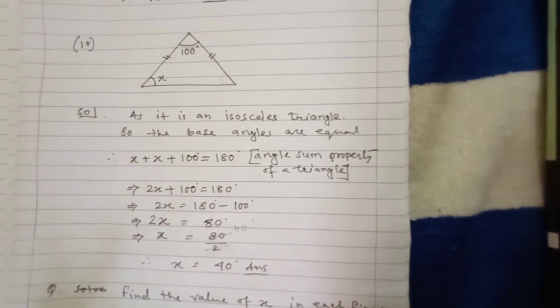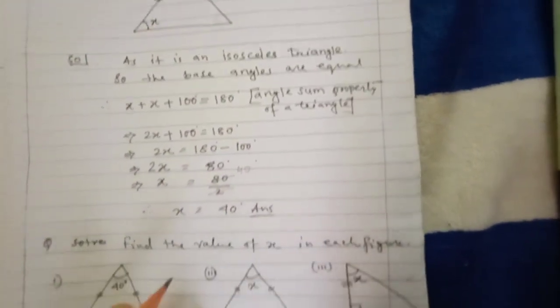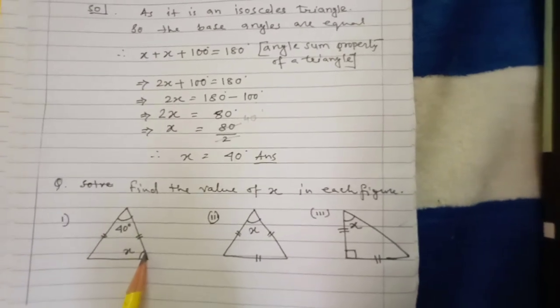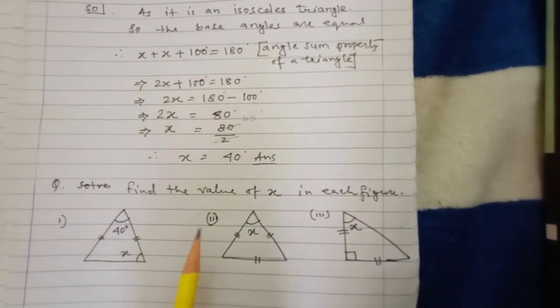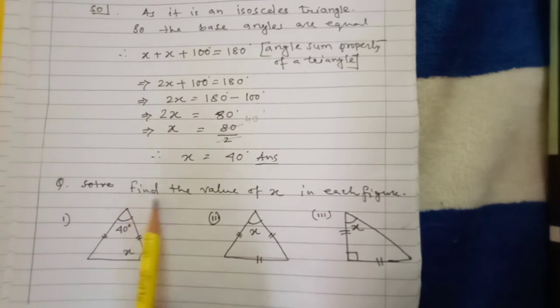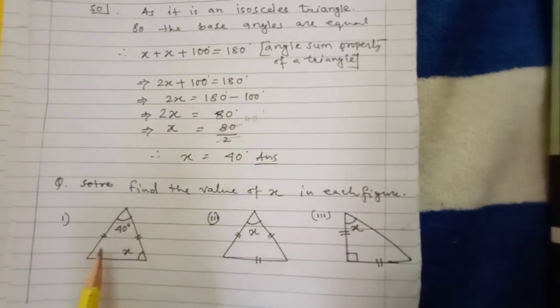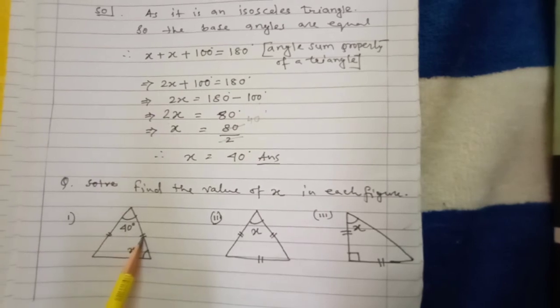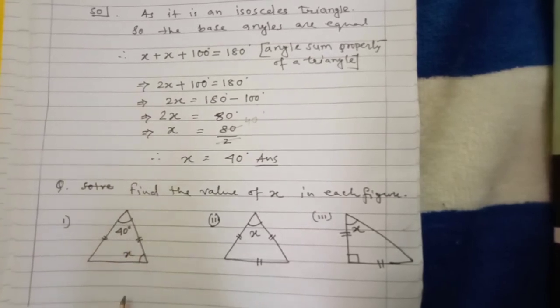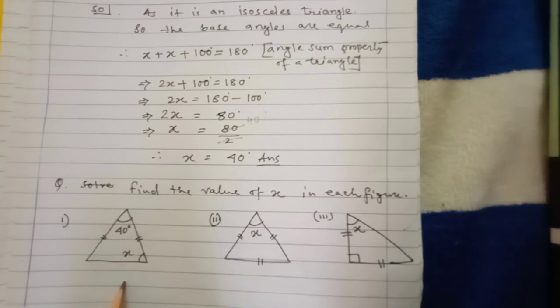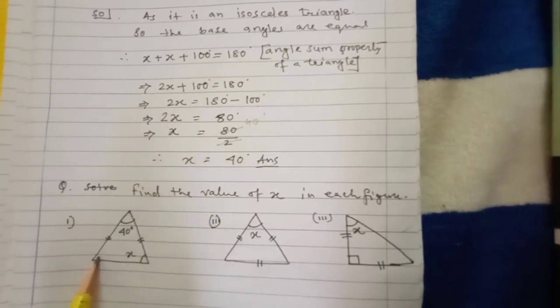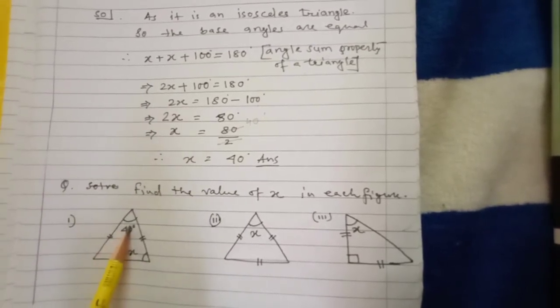If you have understood all these things nicely, then you can solve this one easily. From that page only I have given these figures. See the diagram. Here this side and this side are equal. That means this angle and this angle will be equal. It is 40 degrees.